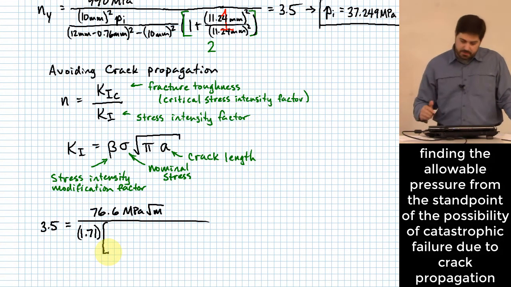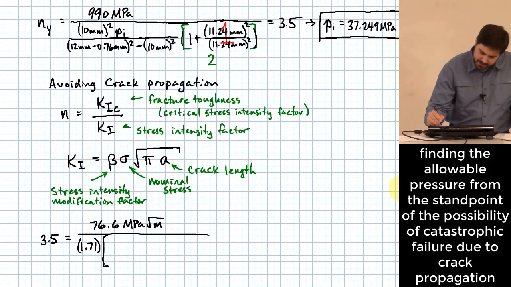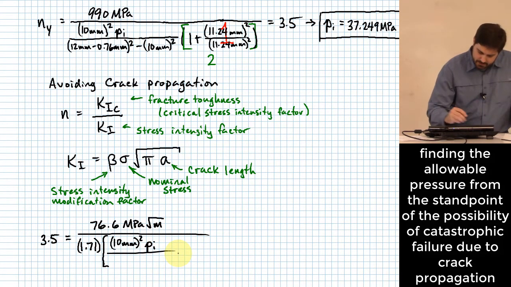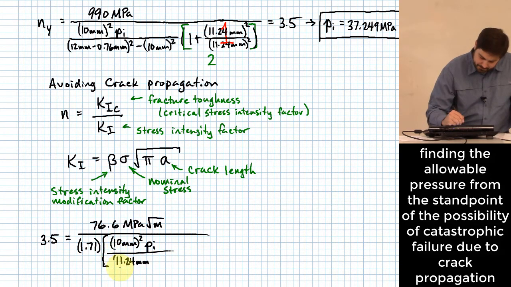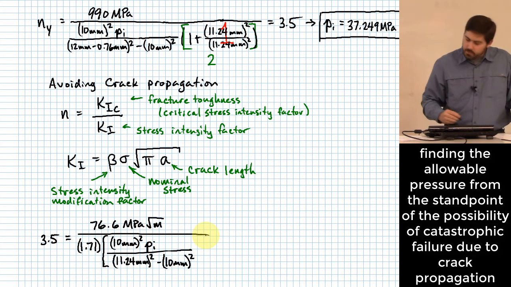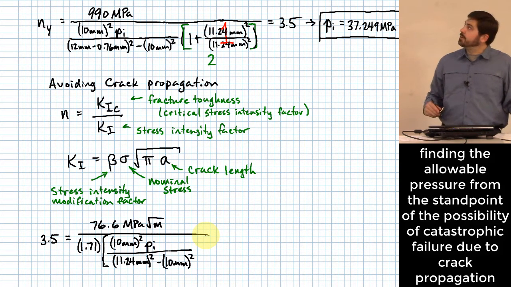My nominal stress, I think if I slide this down, I can see what I had there. 10 millimeters squared times pi over 12 minus 0.76 was just 11.24 millimeters squared minus 10 millimeters squared. Okay. What's the rest of that over there?